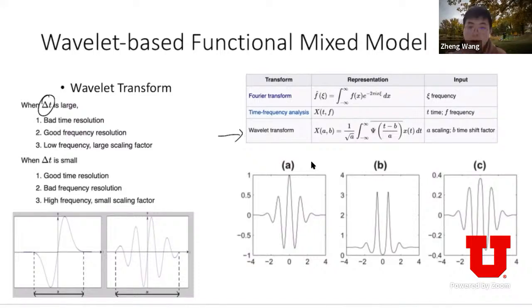Here is a comparison we can do to better understand the scaling factor and the shift factor. For the Fourier transform, we just use sine or cosine basis to decompose the signals, and we only have the frequency information of the signal. We don't know the location in the time domain.